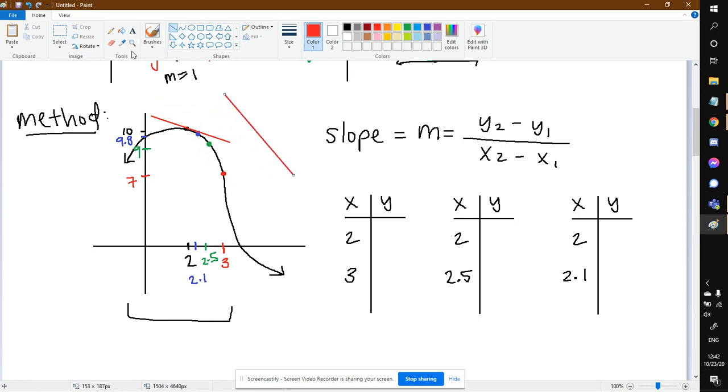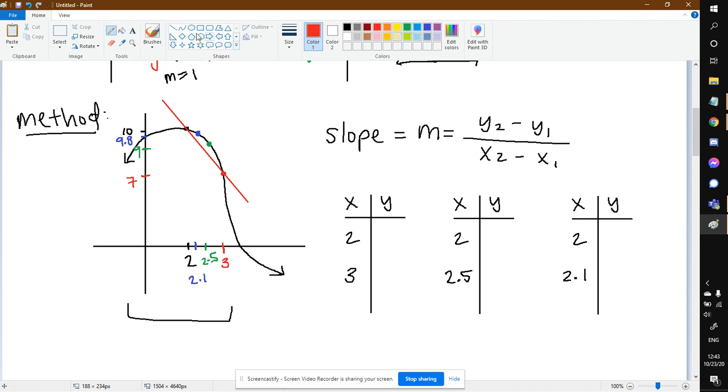Pick a point kind of close, so I'll pick 3, and draw what we call a secant line. A secant line is, instead of touching exactly 1 point in a function, it's touching 2. That's a fine estimation for the slope at the black point by going through 2 points.